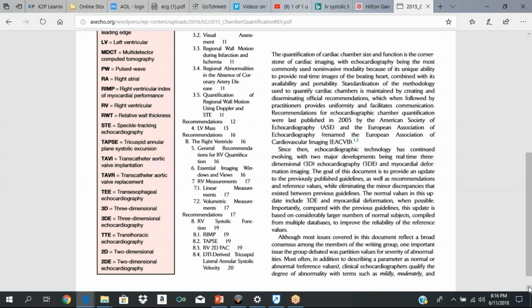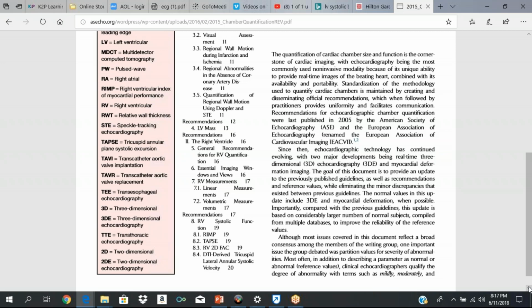Importantly, compared with the previous guidelines, this update is based on considerably larger numbers of normal subjects compiled from multiple databases to improve the reliability of the reference values. What they're saying is that to compile this guideline, they used a much larger number of normal subjects.